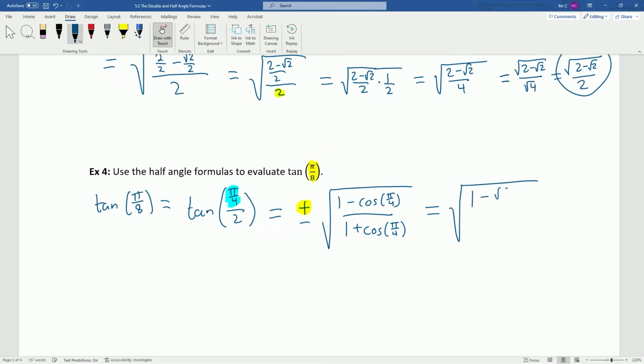This will give me 1 minus root 2 over 2 divided by 1 plus root 2 over 2. And I'm going to do the same kind of algebra that I did before, but I'll skip some of the smaller steps. So instead of 1 minus root 2 over 2, this will be 2 over 2 minus root 2 over 2. So I get 2 minus root 2 over 2 divided by, and then in the denominator, I'll have 2 over 2 plus root 2 over 2, which is 2 plus root 2 all over 2.